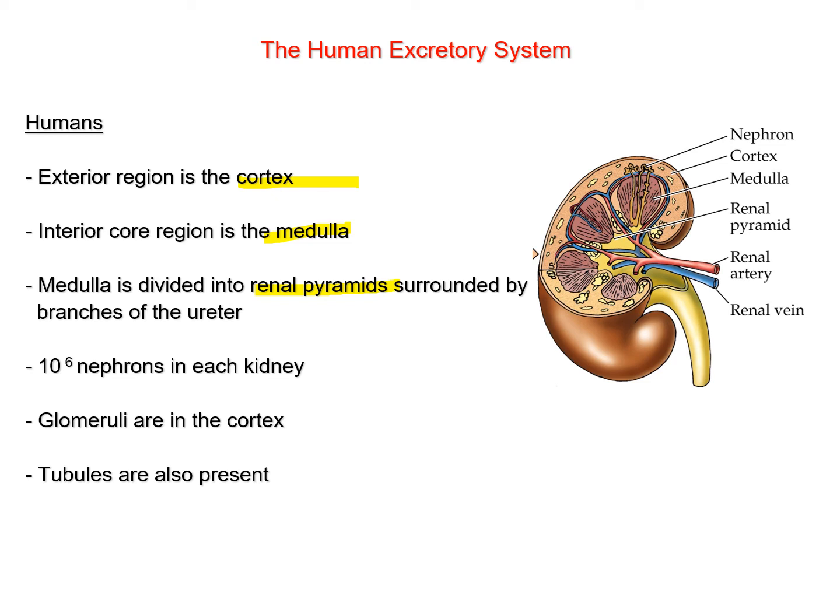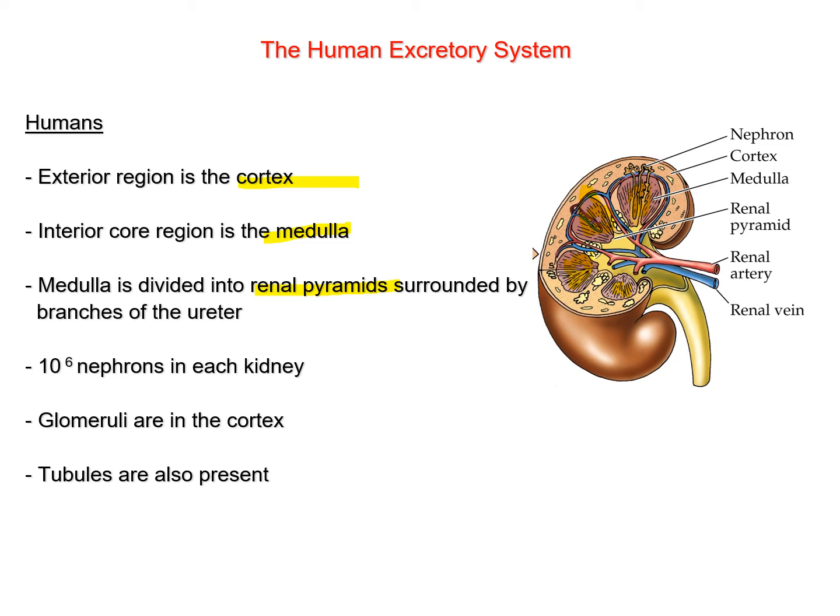These are positioned within the medulla in this way, and at the very tip of each pyramid, that's where all of the tubules are emptying. The tubular system empties right into the very bottom tip.